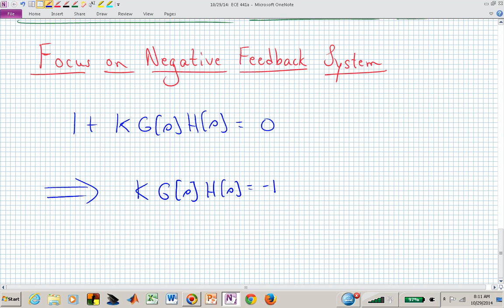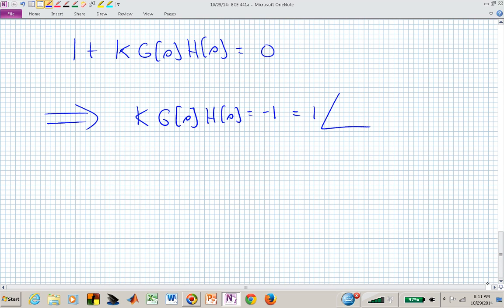And here's one of the ways that we will modify -1 to help us make these sketches. We are going to write -1 as a magnitude of 1 and as an angle.